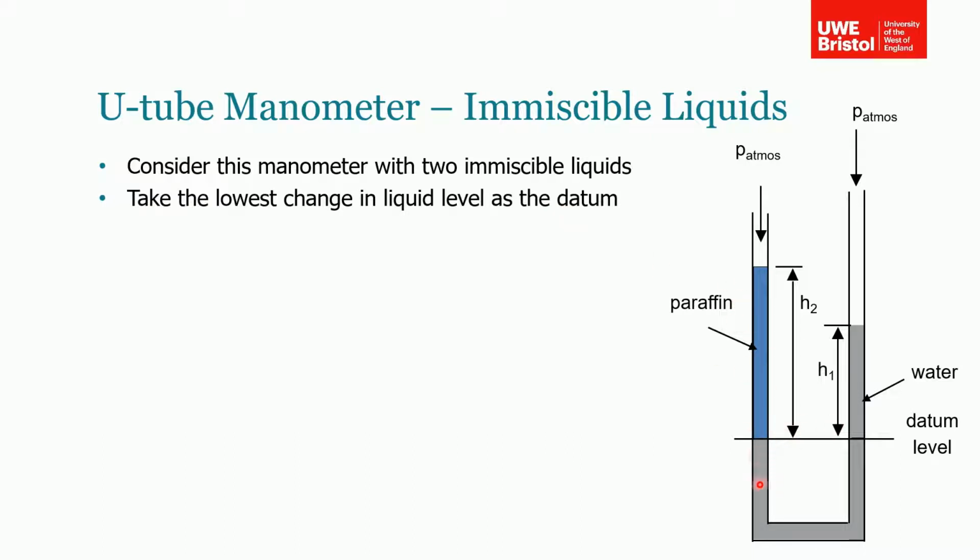The reason for that is, if you consider this bend, the pressure here must be the same as the pressure here, otherwise it would move to equalize. So you can ignore all this bit from your calculations. If we consider our datum level, on the left-hand side of this manometer we've got the atmospheric pressure and the hydrostatic pressure of the paraffin, so rho g h of the paraffin.